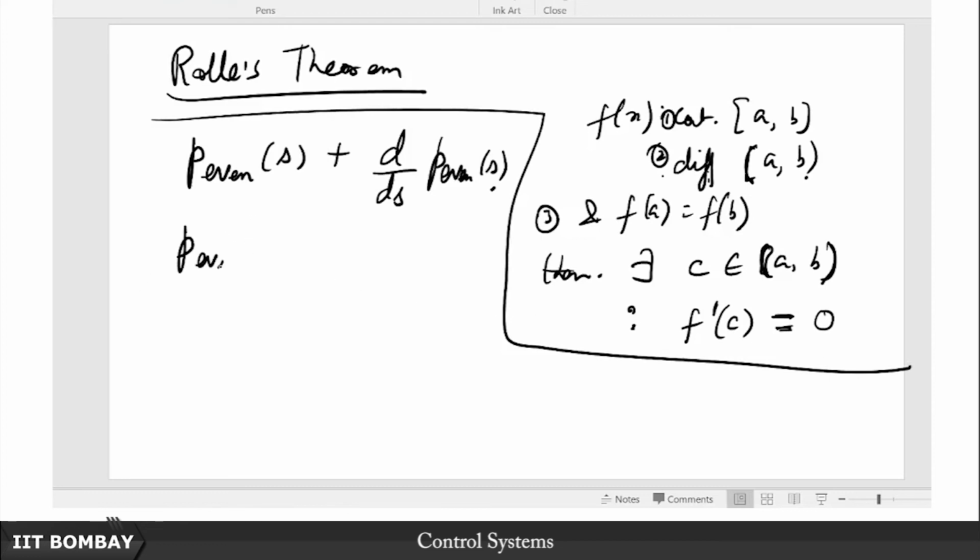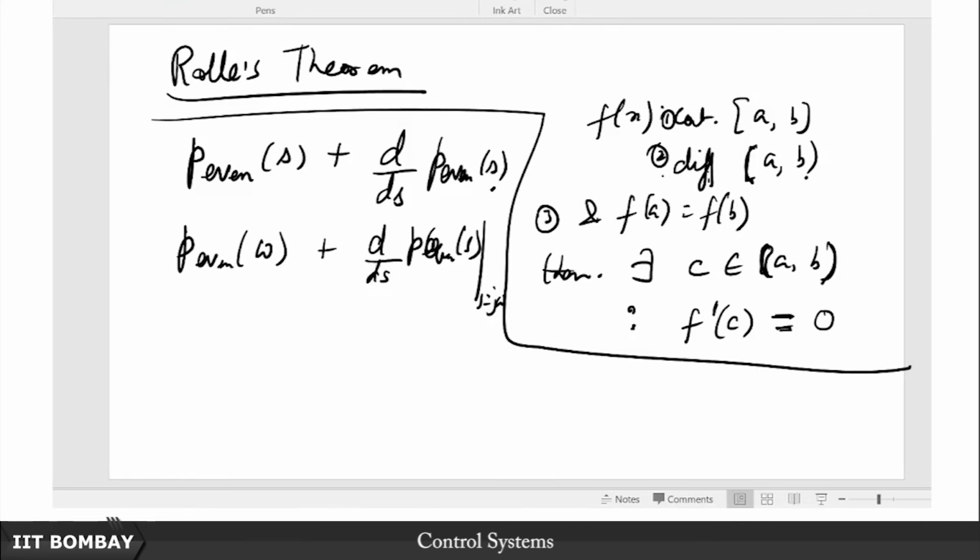Now you take P even(ω) plus the derivative d/ds of P even(s) at s equal to jω. Okay. Let me forget about this j here.